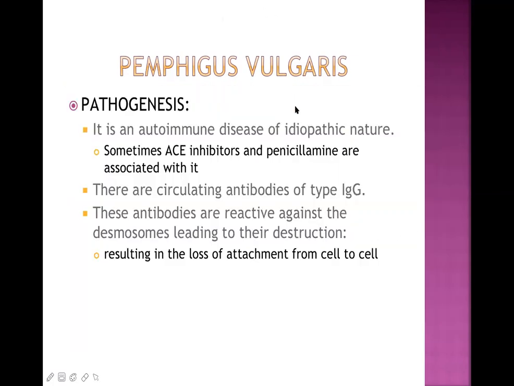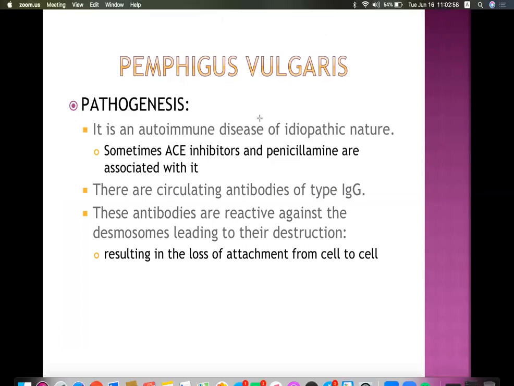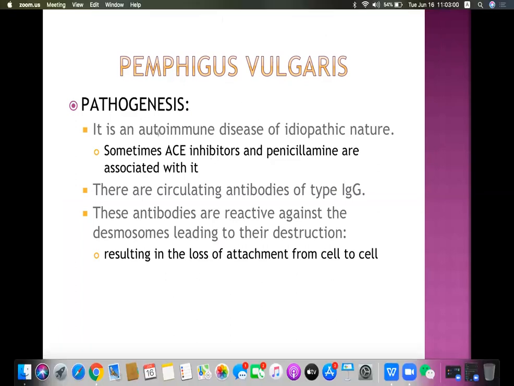Now after that, let's talk about the pathogenesis of Pemphigus vulgaris. It is an autoimmune disease, and we really do not know the cause of this. So it is an autoimmune disease of idiopathic nature, but sometimes some drugs are the culprit here. They just start that autoimmune reaction, and these drugs are ACE inhibitors and penicillamine.